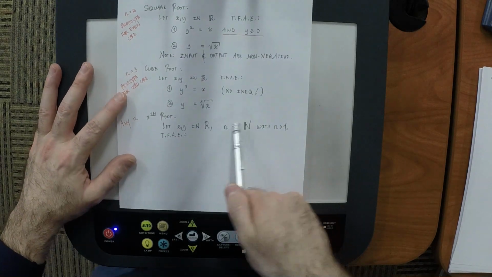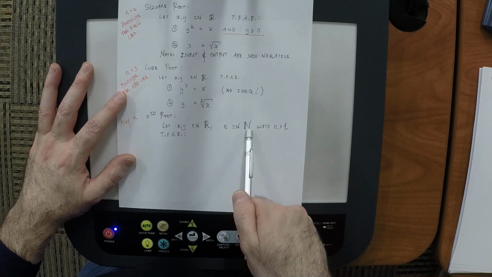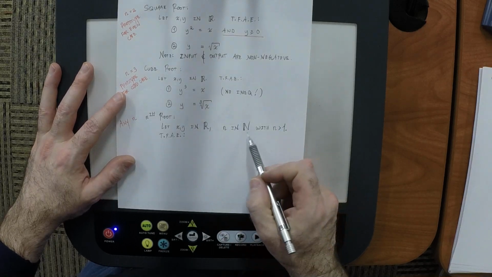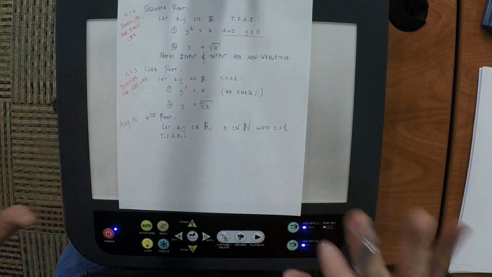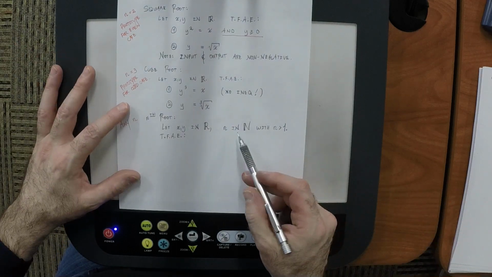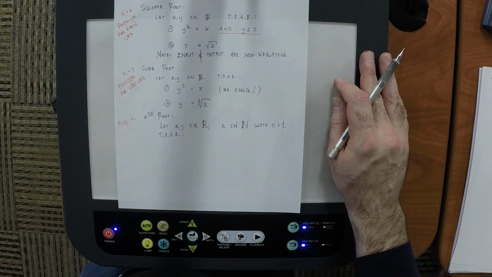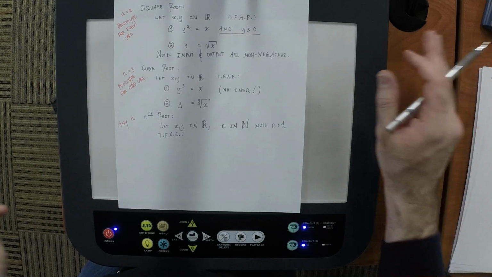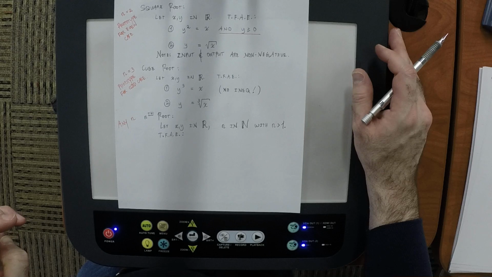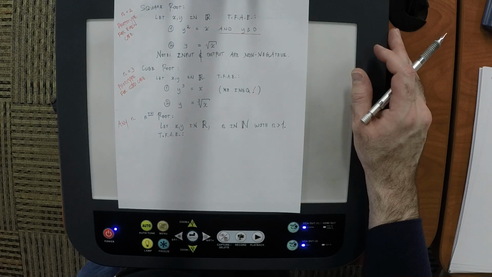So now, to explain this new bit, all we're saying is that we're going to consider any natural that's more than 1. So what are the naturals then? What is the set of all naturals? You remember?